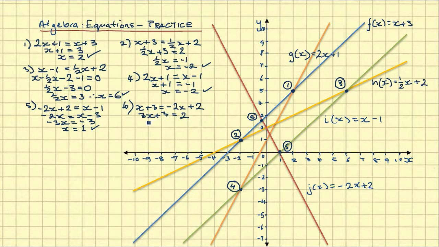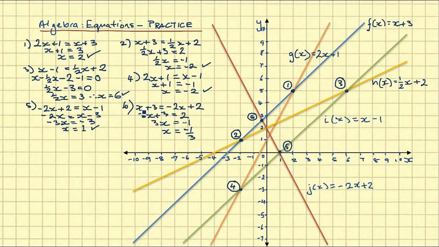So 3x plus 3 minus 3, and then we'll subtract 3 from the other side as well, gives us 3x equals 2 minus 3, minus 1. Therefore, if we divide through again by 3, like we did last time, we'll end up with 3x divided by 3 gives us just x, and on the right hand side, minus 1 divided by 3 is minus a third.